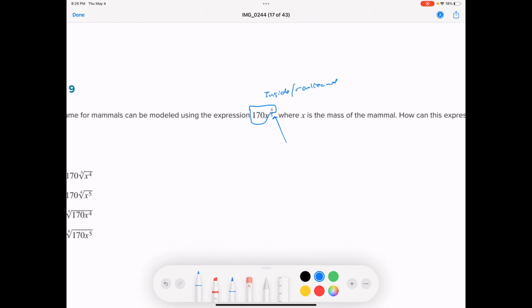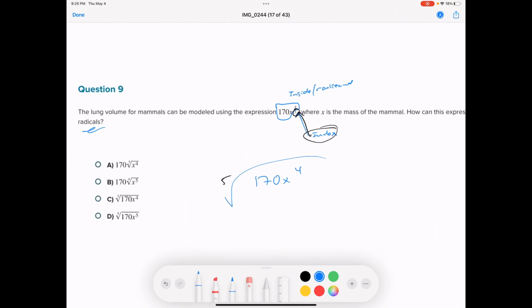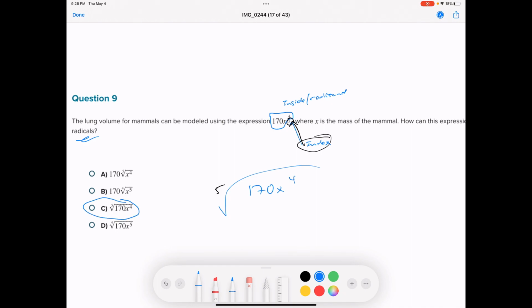And that one is going to be your index. So the 5 is going to go here, and the blue is going to go on the inside. And that would be choice C.